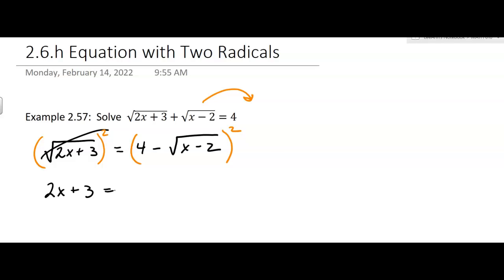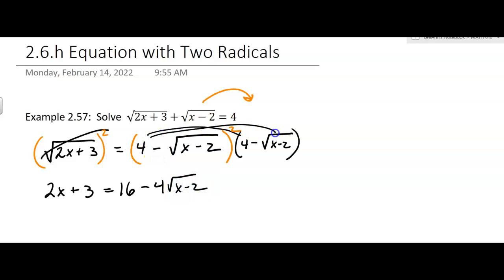We have to multiply this out. So I'm going to just write another one. I don't want to take all my room because I know I have to check this problem at some point. Okay, now when I multiply this out, I have to get 16. I'm going to multiply with FOIL. It'll be minus 4 square root x minus 2. That's going to be the outsides.